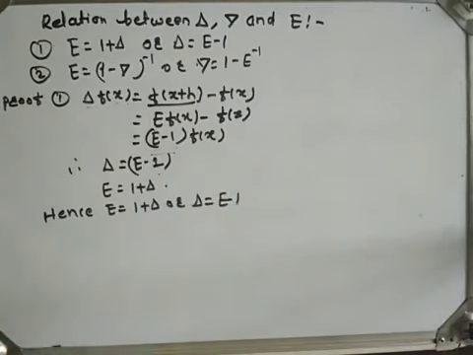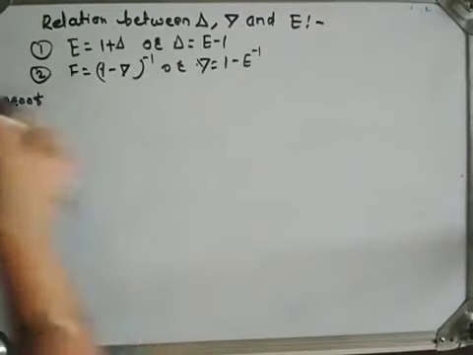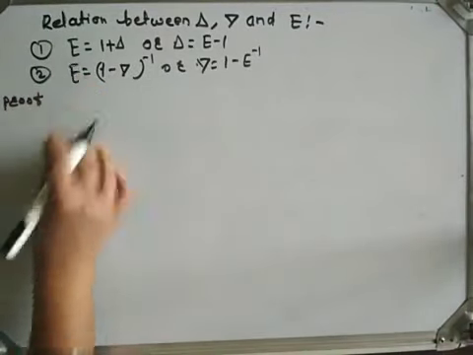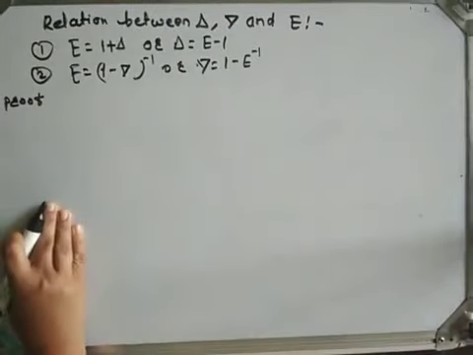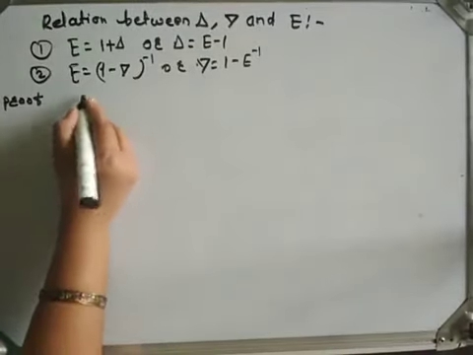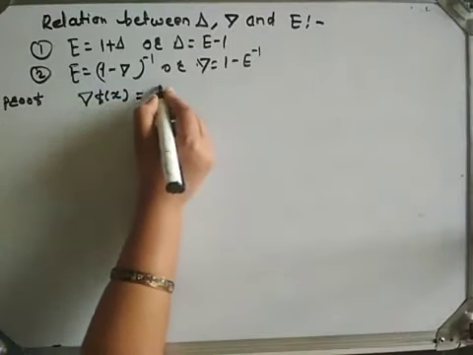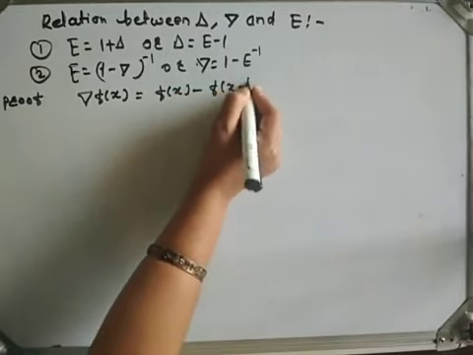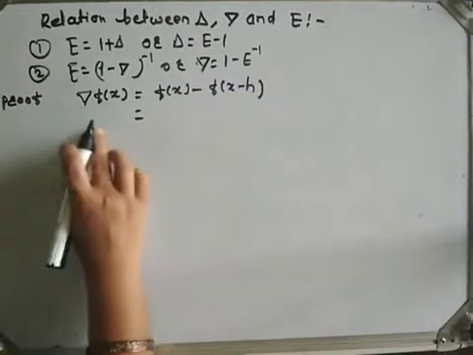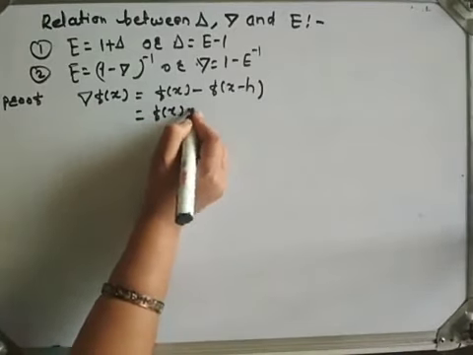Now we will prove the second relation. We have to prove that E is equal to 1 minus del inverse, or del is equal to 1 minus E inverse. We know that del of f of x is equal to f of x minus f of x minus h. Keep f of x as it is.